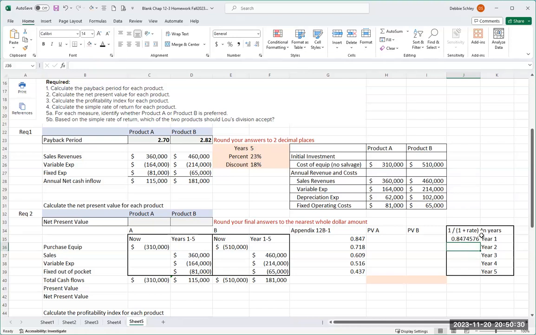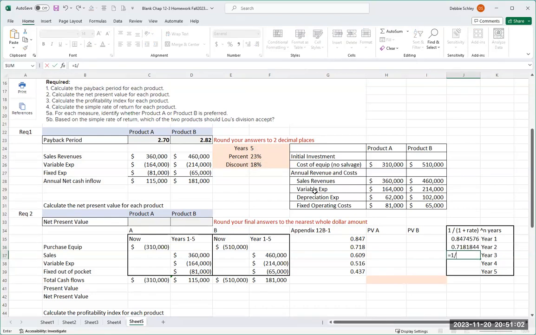So see if it just gives me all of these numbers. But I'm going to type it in again. 1 divided by, whoops, parentheses, 1 plus the rate, 18%. Oops. And you also have to do equals in front of it or Excel doesn't know what you're doing. So equals the rate, close parentheses, raised to the value of year 2.